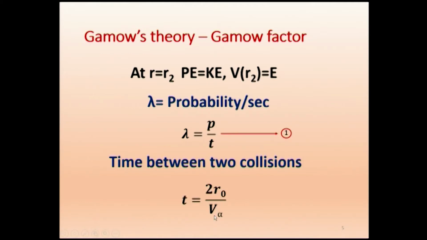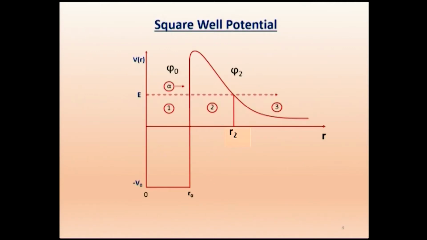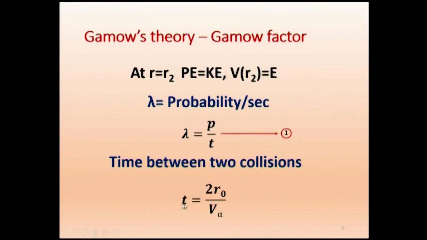Why is it 2 r naught? It is the diameter. This is the center of the nucleus and r naught is the radius, and the particle will be bombarding from here to the side. Therefore, the total distance will be the diameter. So, T equal to 2 r naught by V alpha.